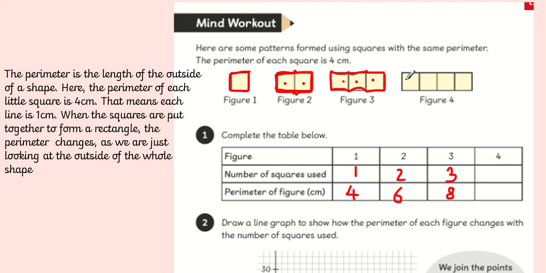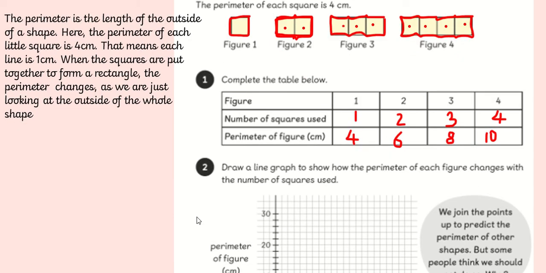And the last one then, figure 4, we have used 1, 2, 3, 4 squares. And then our perimeter is going to be 1, 2, 3, 4, 5, 6, 7, 8, 9, 10 centimetres. I can see part of the pattern forming here in our table. I hope you can too.